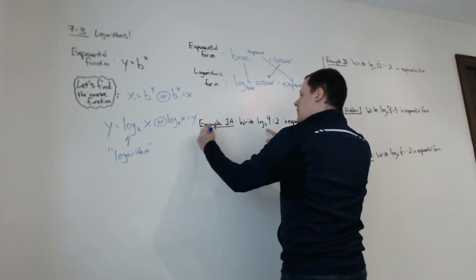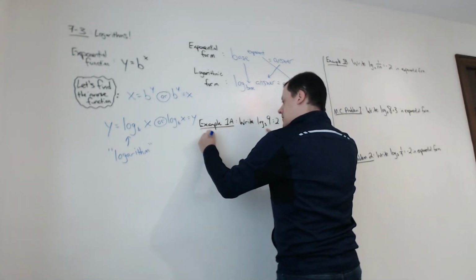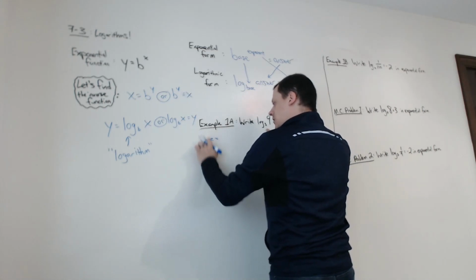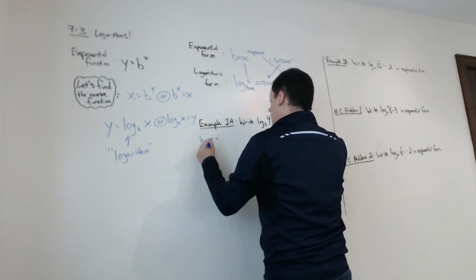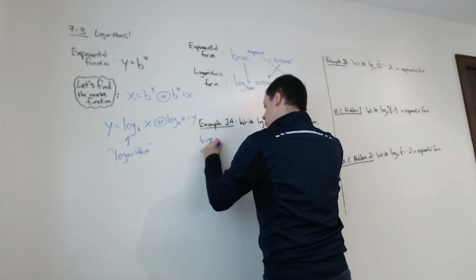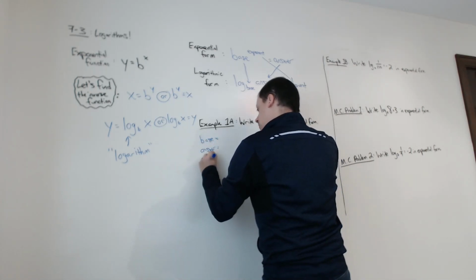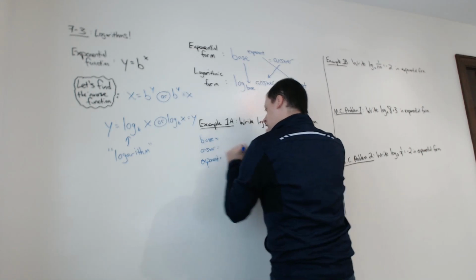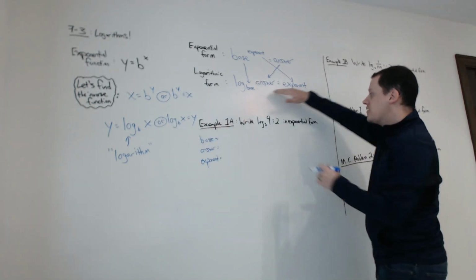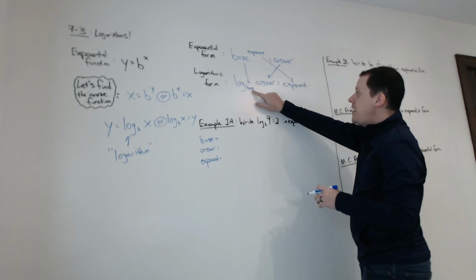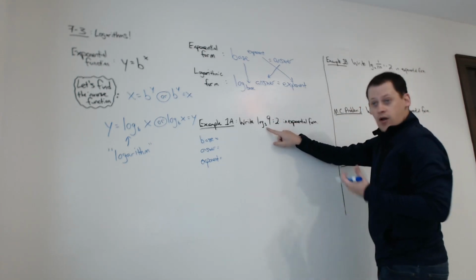So what I might do here is write out what each of those things is. Base equals, I'm going to write that with a lowercase b. Base equals, answer equals, exponent equals. Okay, I'm just going to fill in which number is which. If we know this is written in logarithmic form, the base should be the number with the log, which is 3.